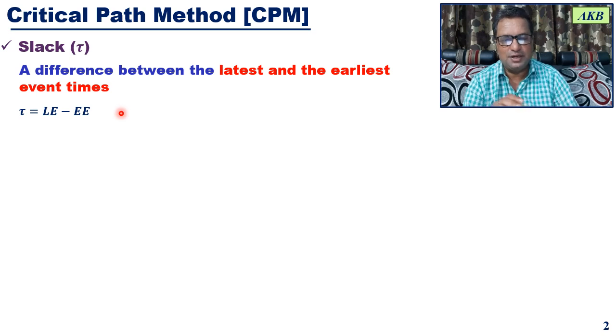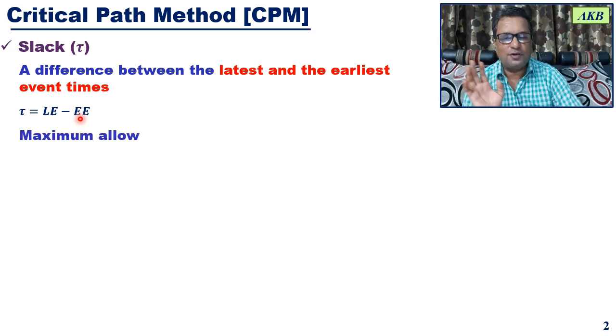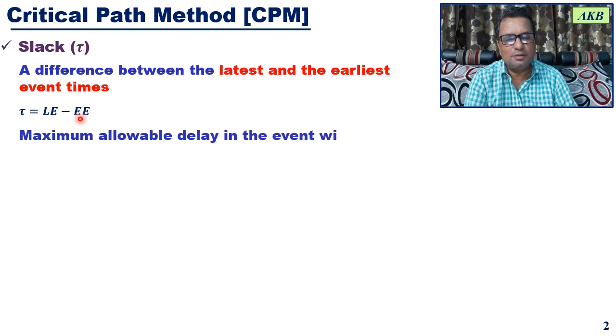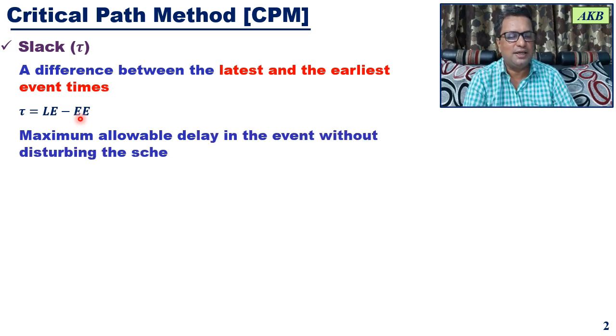Mathematically you can write a simple equation for that. Tau is equal to LE minus EE, where LE represents latest event time and EE represents earliest event time. The other way of understanding slack is the maximum allowable delay in the event without disturbing the project schedule.